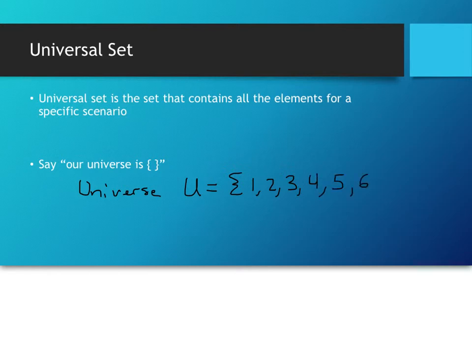So that's the only elements that I really want to be concerned with. Maybe somebody else's universe is the set containing all letters of the alphabet. I'll just write letters of alphabet.